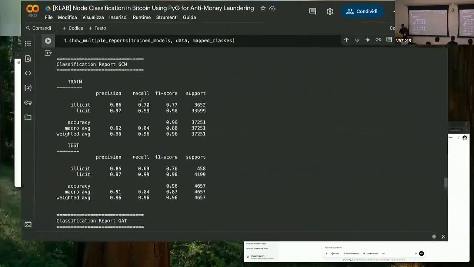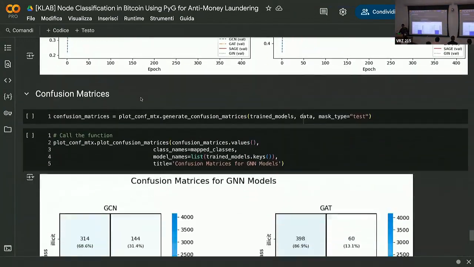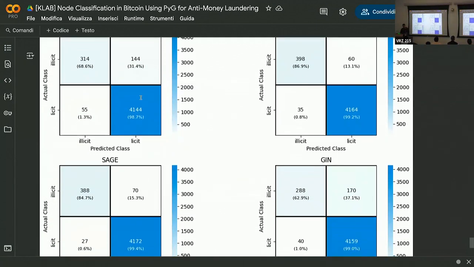So we perform the evaluation, but I would like just to show you the last confusion matrix, because we would like to understand which model performs better on our data. So this is one dimension that could be taken into consideration. It's not the only one, but usually what we would like to obtain is a high accuracy in detecting illicit nodes, because we would like to identify which are the nodes that represent anomalies in the graph.